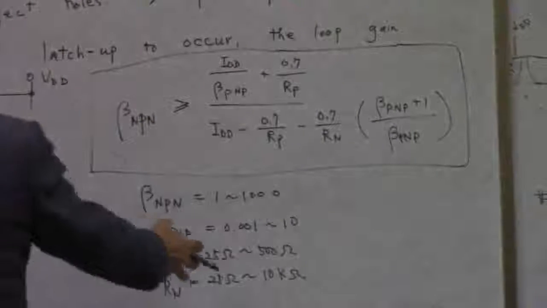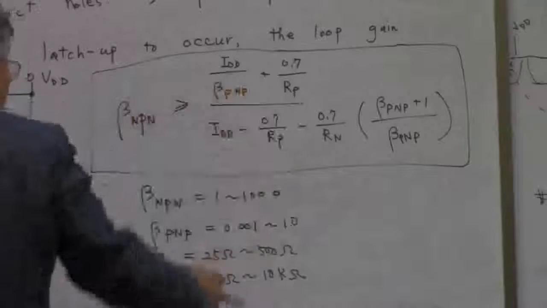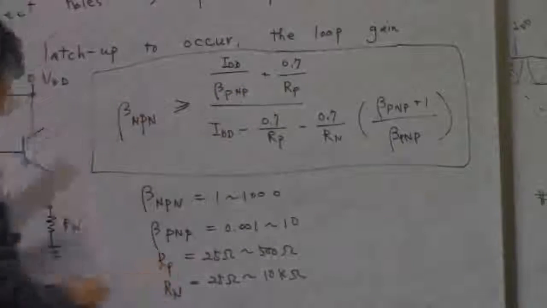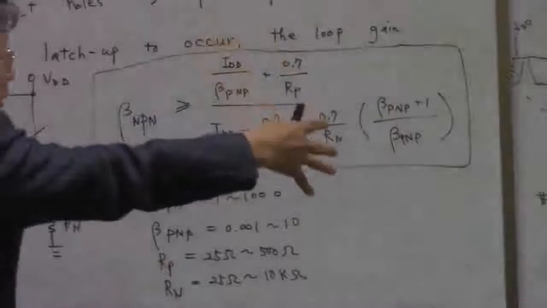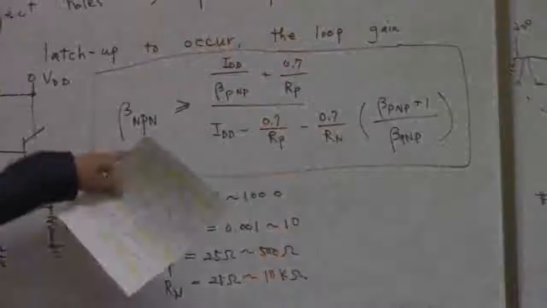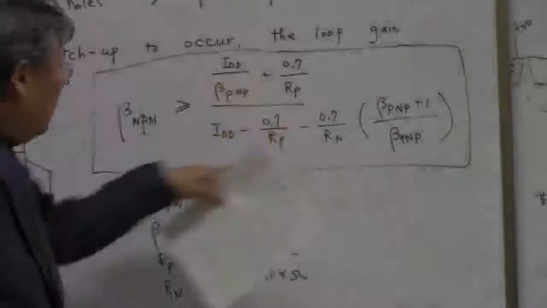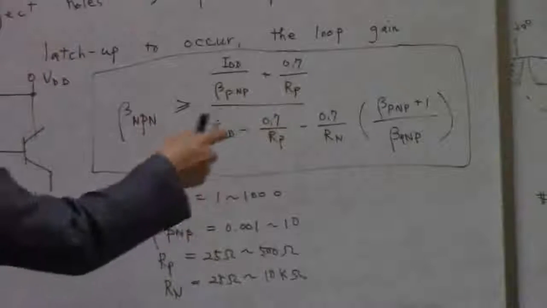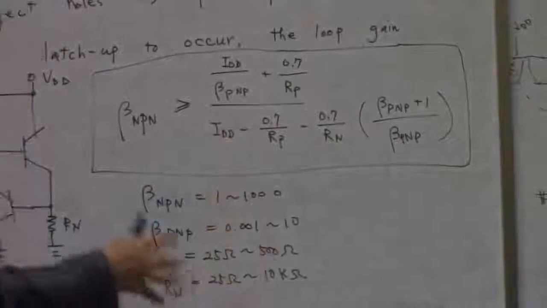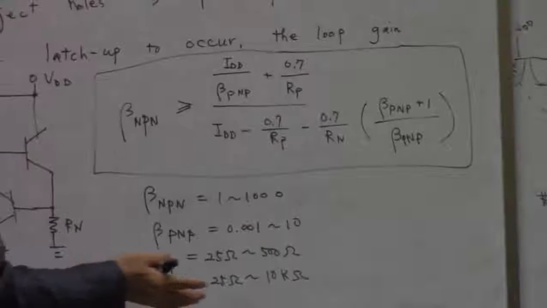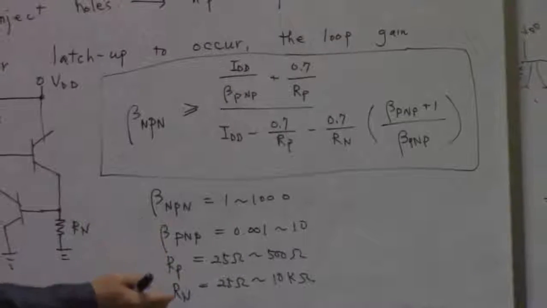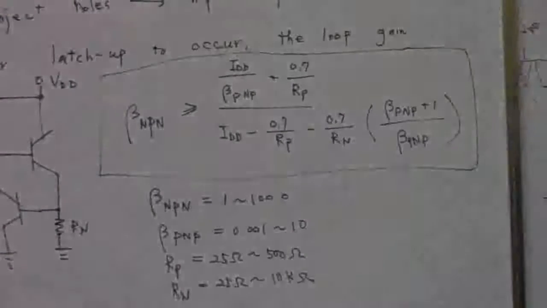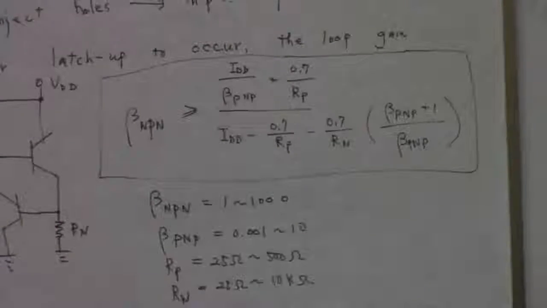So if you insert these numbers into this equation, you can see that the gain of the NPN vertical bipolar transistor easily satisfies this equation, which means the normal CMOS device is very weak for the latch up. Latch up most probably can occur in the normal CMOS device.